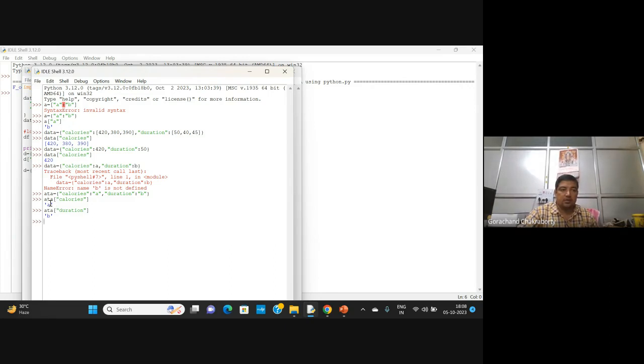And here it is given calories. So for calories, we are getting A. In this way, we can use another variable here also.